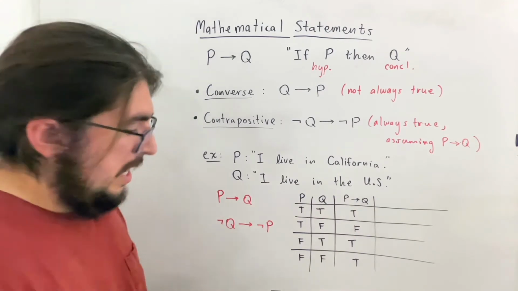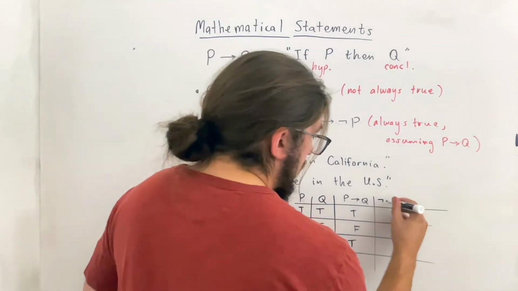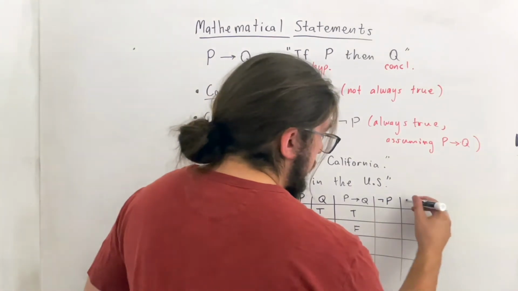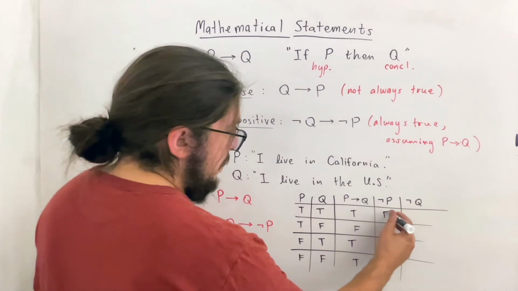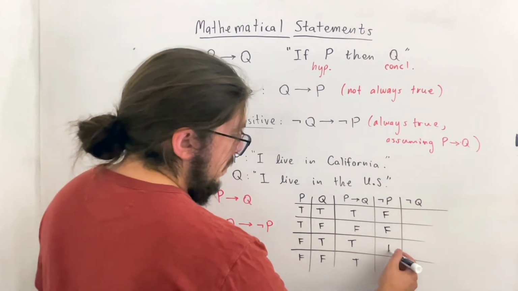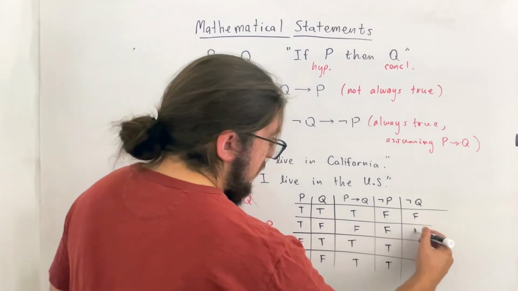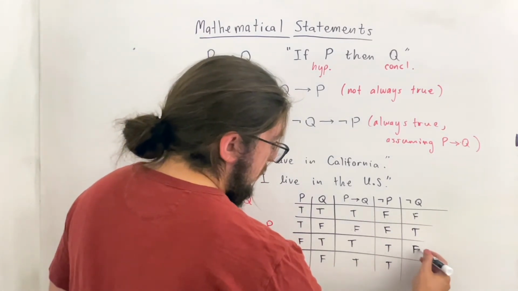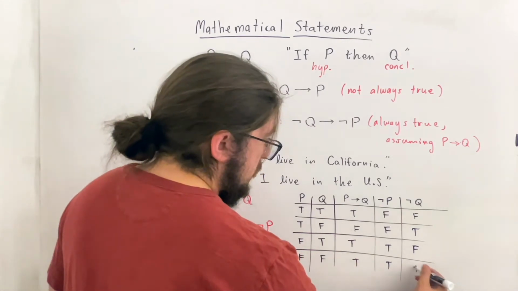But now look, if we take a look at the nots of these, not P and not Q, well, they're just the negation. So when P is true, not P is false. And when P is false, not P is true. And similarly for Q, that would be false, that would be true, that would be false, and that would be true. Okay.